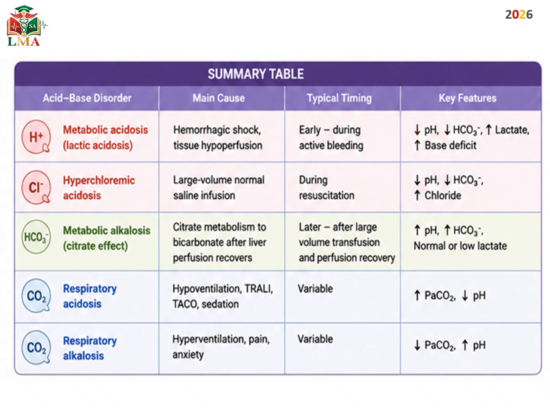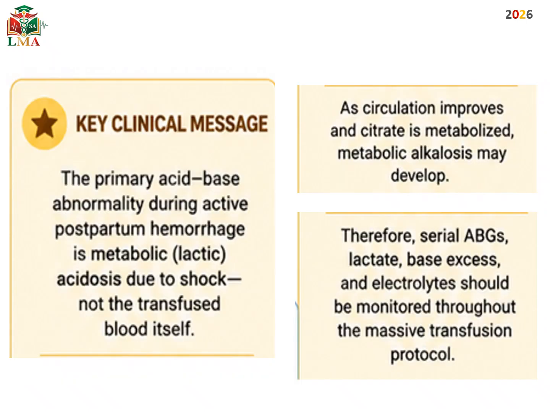Respiratory acidosis is due to hypoventilation, TRALI, TACO, and sedation, with an increase in the bicarbonate and CO2 and a reduction in the pH. Respiratory alkalosis is due to hyperventilation, pain, and anxiety, and can lead to a reduction in the CO2 or an increase in the pH.